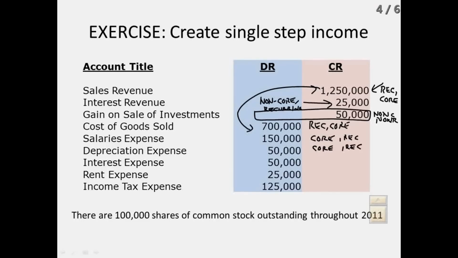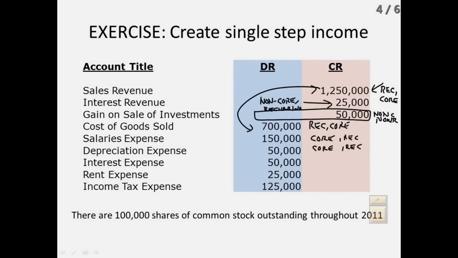How about interest? It's recurring because in all likelihood I've borrowed money and I have to pay interest on it. But if I have enough cash this year, I could potentially pay down my debt. Okay, so it could be different. More importantly, it's not part of my normal business. My decision to borrow money or not borrow money has nothing to do with my sales productivity.